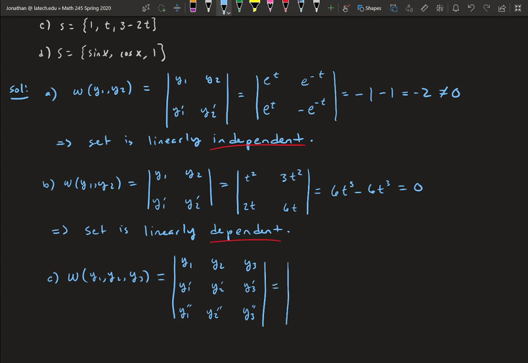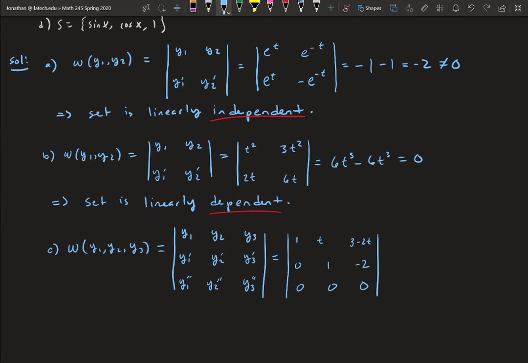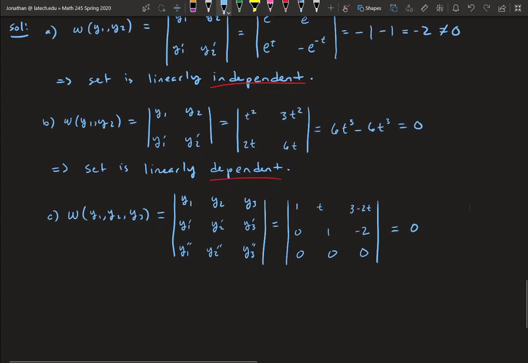So that's going to be, let's see, 1, t, 3 minus 2t, 0, 1, negative 2, 0, 0, 0. And if you have any experience with determinants, you'll know that there's a couple of things to do. If you have a row of all zeros, the determinant is automatically 0. If you have an upper triangular matrix, you can just multiply the diagonal elements, you get 0. So either way, you're going to get 0 on this determinant.